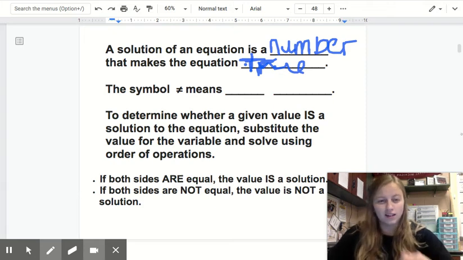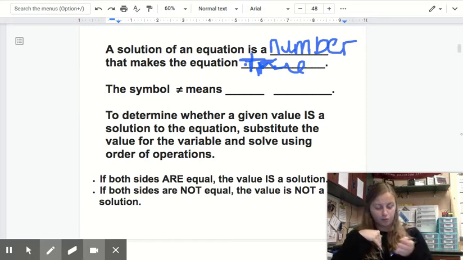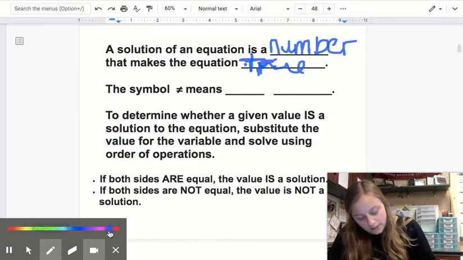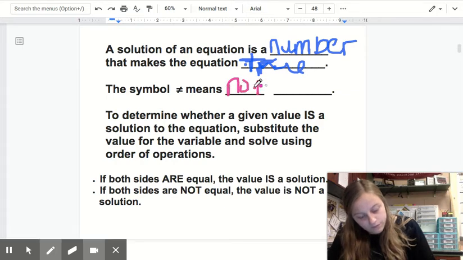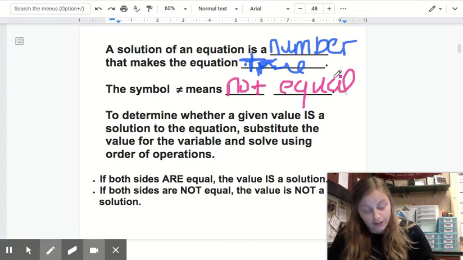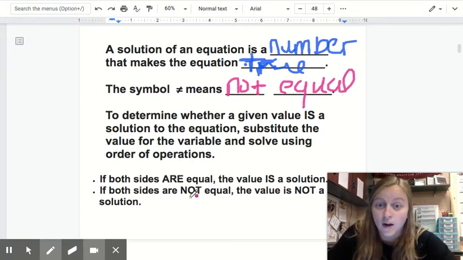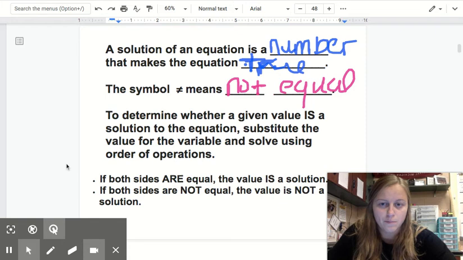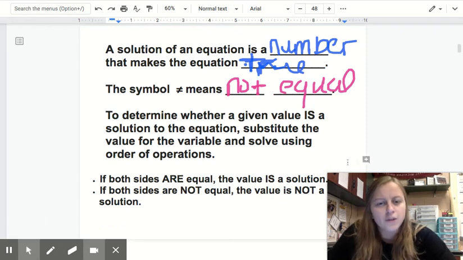The symbol, an equal sign with a line through it, actually means not equal. Remember, you should be taking notes during this time. You should be writing things down. That's the expectation.